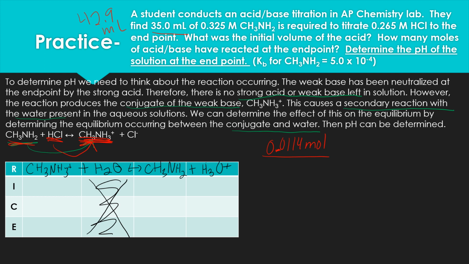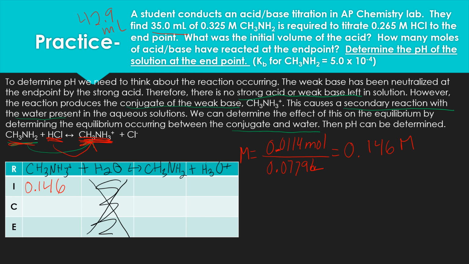So we now have a new total volume, which is 77.9 milliliters, or 0.0779 liters. So we can find the molarity of that solution. So 0.0114 divided by 0.0779. 0.146 molar. All right, so that is our initial concentration of our product there.